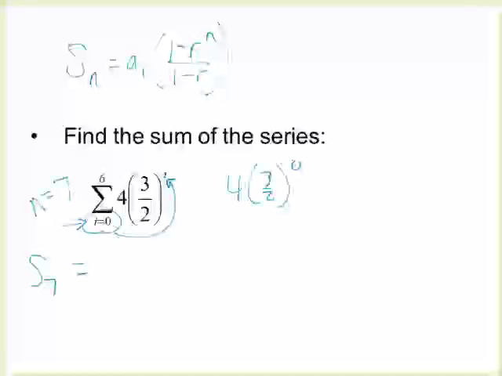Always just plug in that bottom number. So plug in the 0 gives me 4. What's our ratio here? 3 over 2. It's always the base of the exponent. And then we're raising that to the power of n.